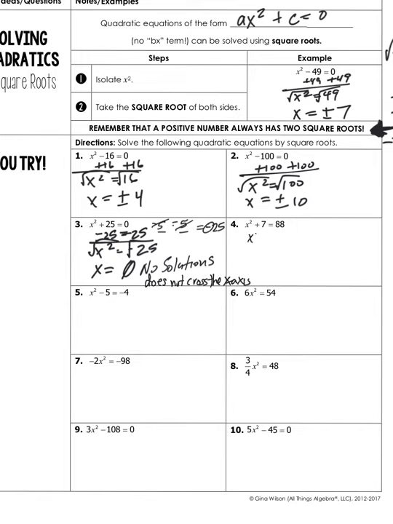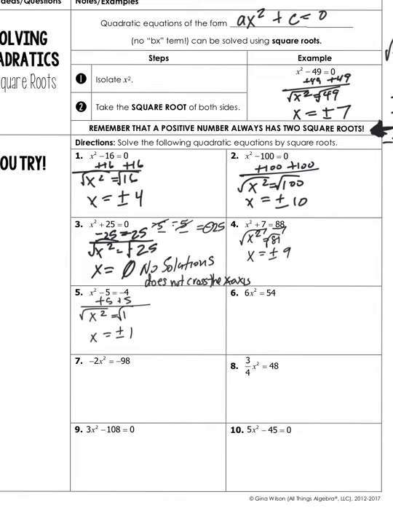Okay, number 4. Subtract 7 from both sides. X squared equals 81. Take the square roots, and x equals plus or minus 9. Number 5, add 5 to both sides. X squared equals 1. Take the square root, and x equals plus or minus 1.